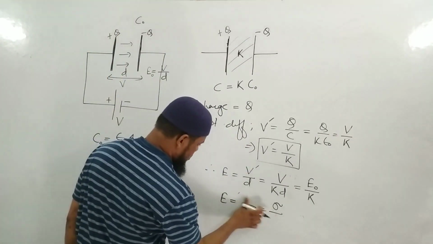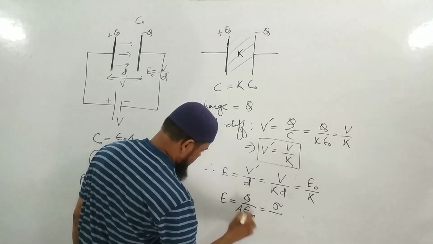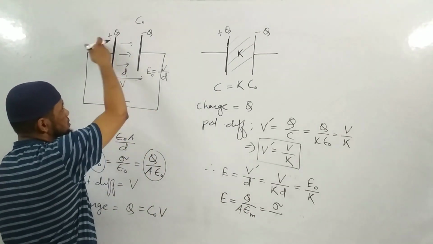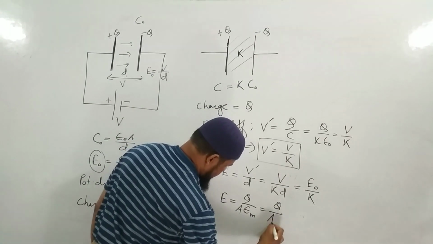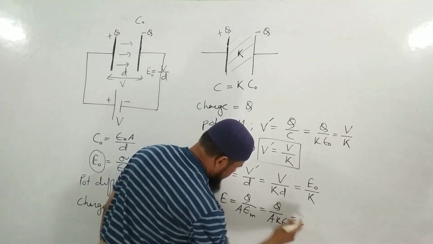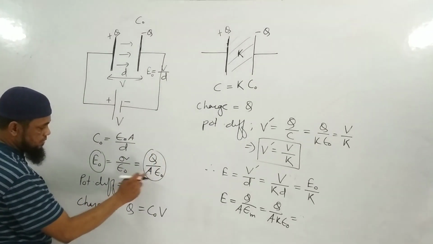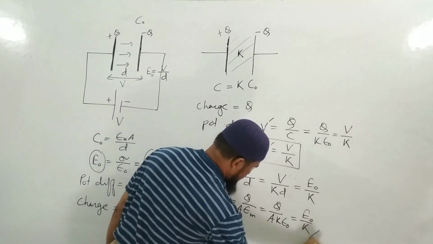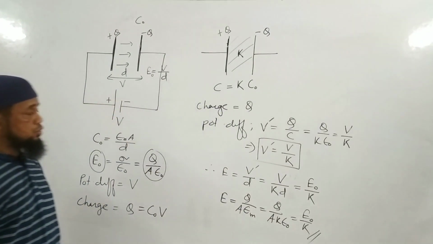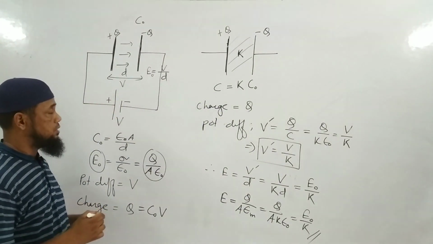Or let me take Q only. Q divided by A epsilon M because same charge. We can see Q divided by A K epsilon naught, which is Q divided by A epsilon naught, the initial electric field, divided by K times. So these two situations you remember very, very carefully.